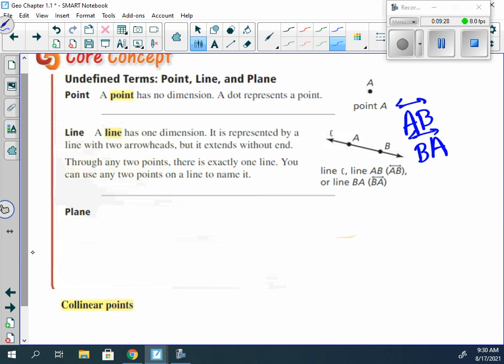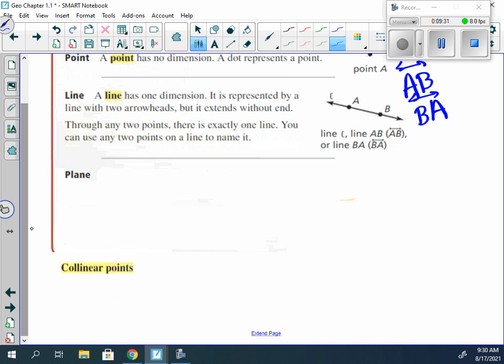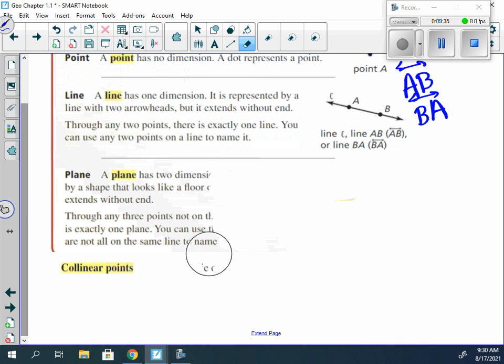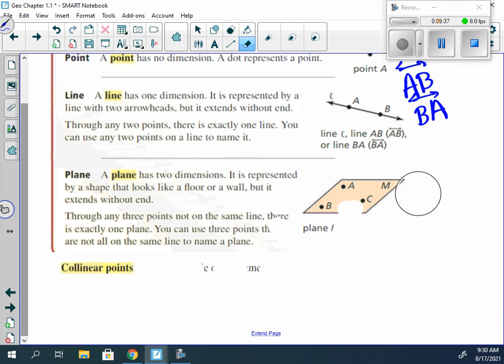And the third one is a plane. Now there is a lot here. You do not have to write this entire definition again, because you got them down yesterday. So you can write it down again if you want.